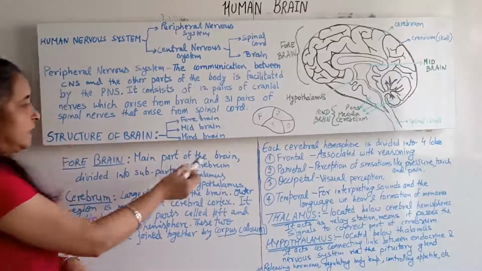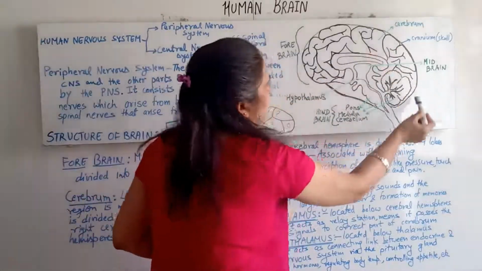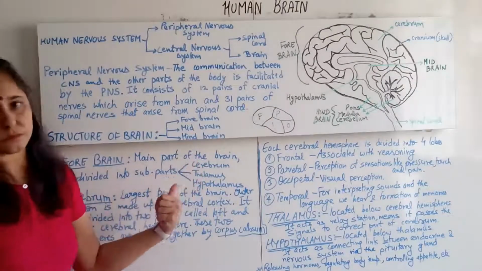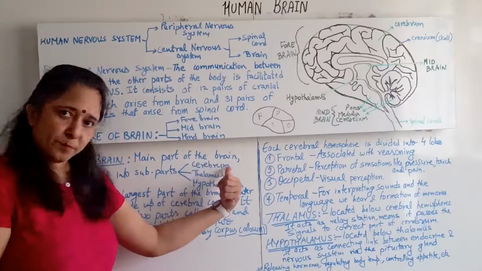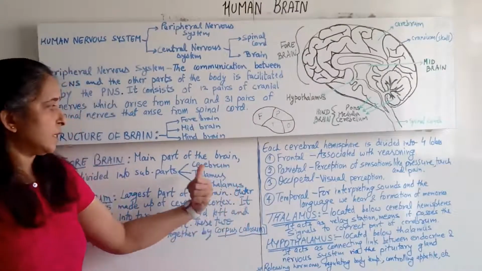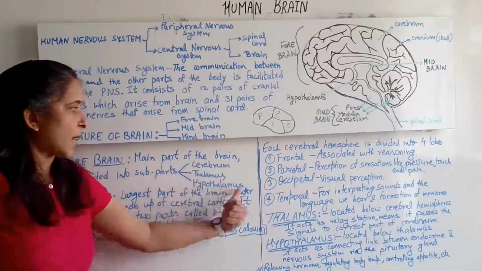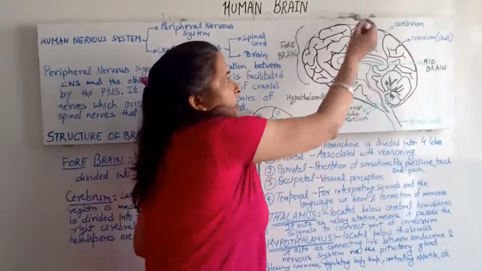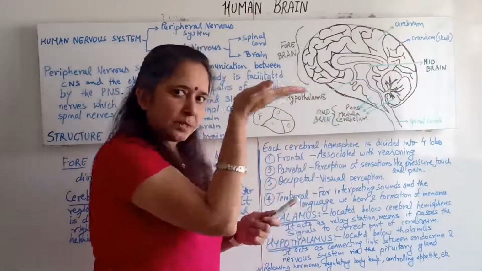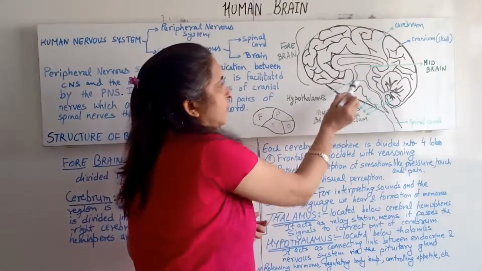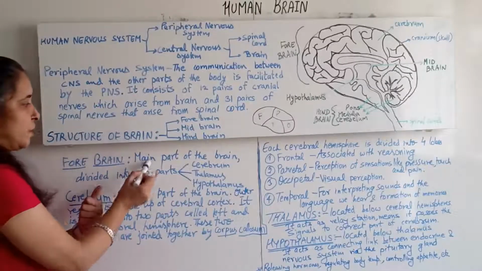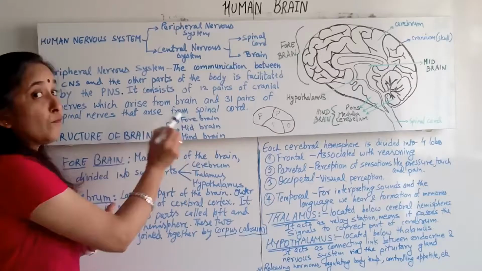Now this forebrain is divided into three subparts: cerebrum, thalamus and hypothalamus. This part is the cerebrum. Just below the cerebrum are the thalamus and hypothalamus. So these are the three subparts of the first and major part of the brain, called the forebrain.